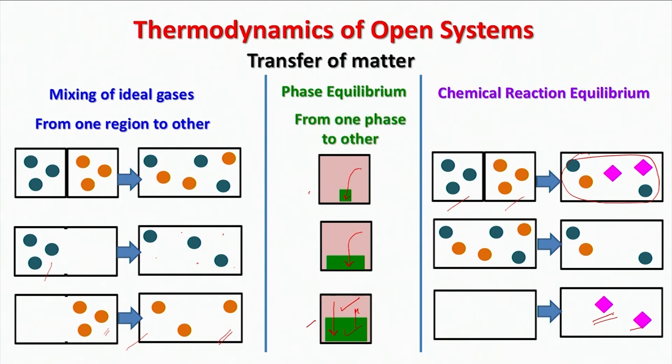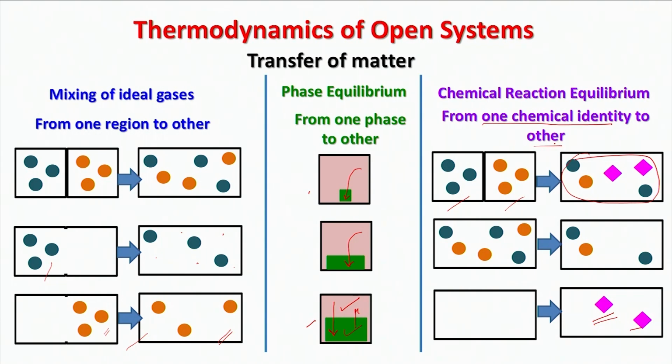While a phase equilibrium was getting established, I was talking about transfer of matter from one phase of the substance to the other. And finally, when I'm talking about the chemical reaction equilibrium, then not only do my individual molecules move from one region of space to the other, but I also see that there is a changeover from one or more chemical identities of the molecules involved.